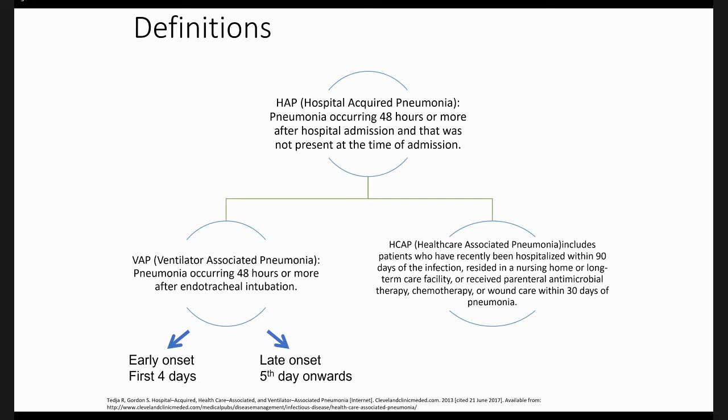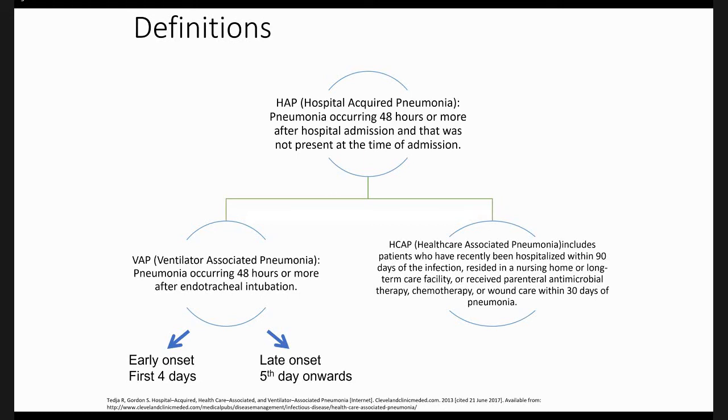The healthcare associated pneumonia, the term which we usually don't use anymore, used to include patients who had been recently hospitalized within 90 days of infection, resided in a nursing home or long-term care facility, or received parenteral antimicrobial therapy, chemotherapy, or wound care within 30 days of pneumonia.